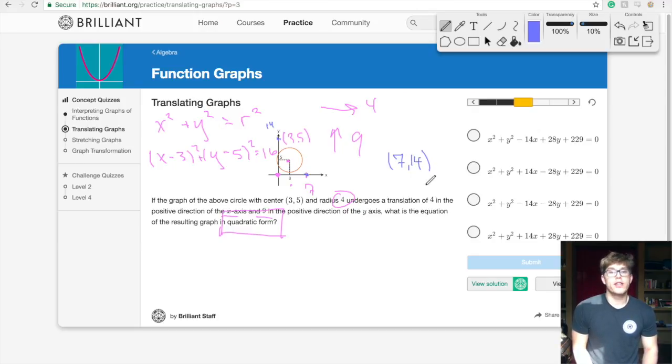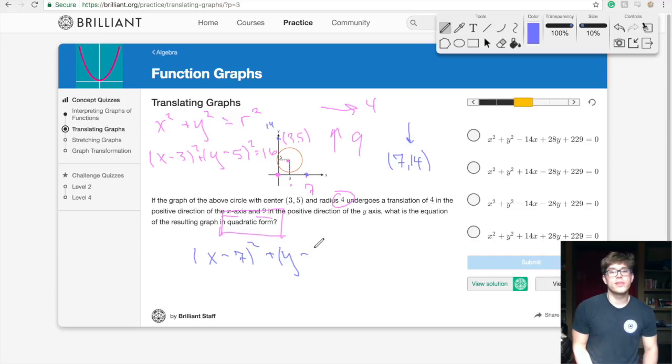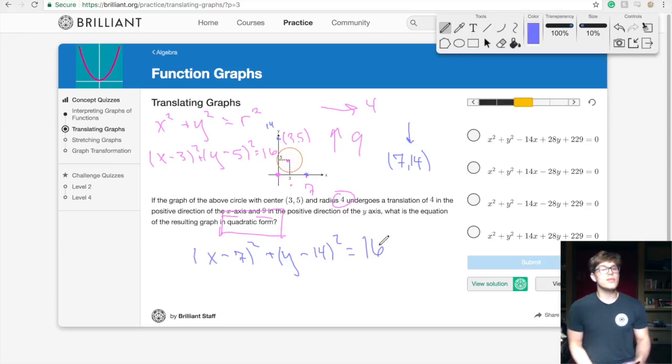And so if we write our circle function with this central coordinate in mind, we'll have x minus 7 squared plus y minus 14 squared equals, and our radius is still 4, so it still equals 16.